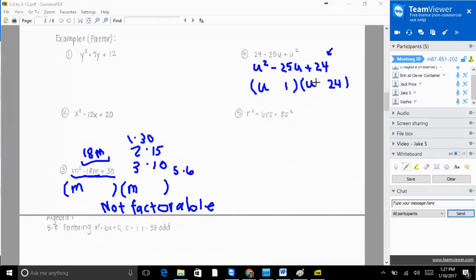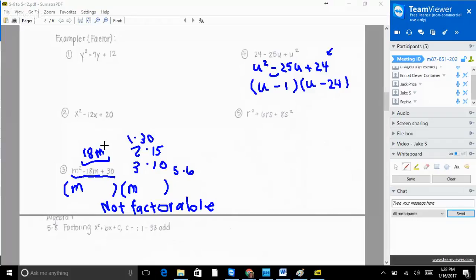Last up is, which signs do we put in? I have a positive 24 and I have a negative 25. So is it going to be positive and positive or negative and negative? Well, since we have a negative right here, the only way to get that is if we have a negative and a negative.